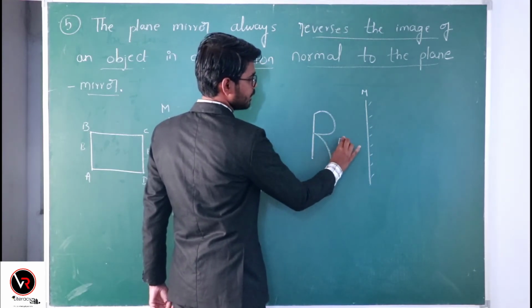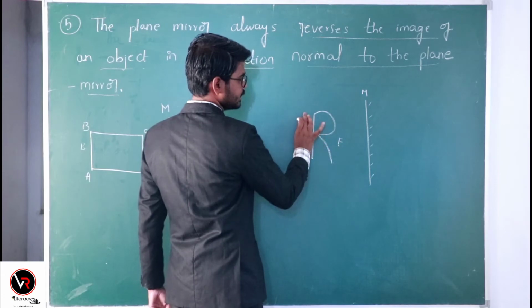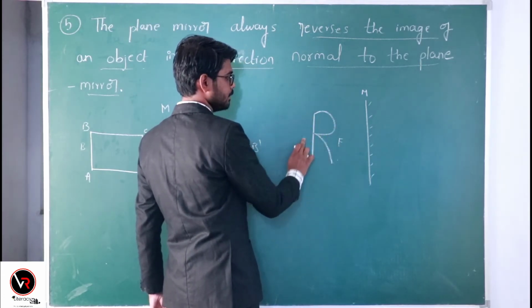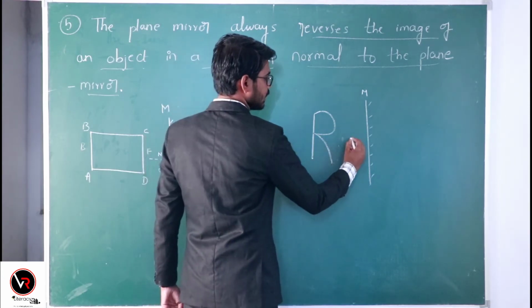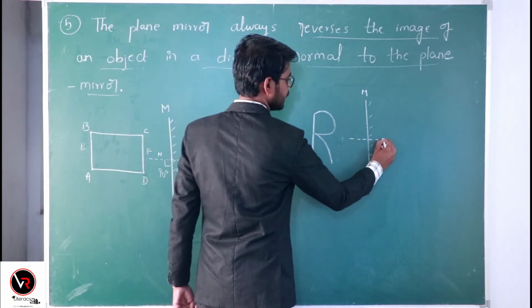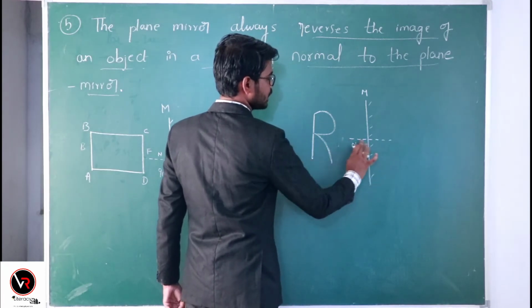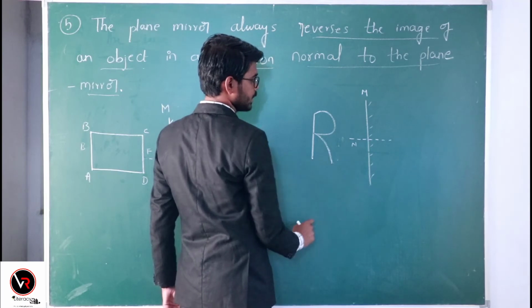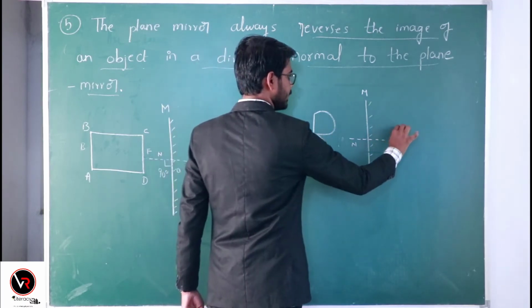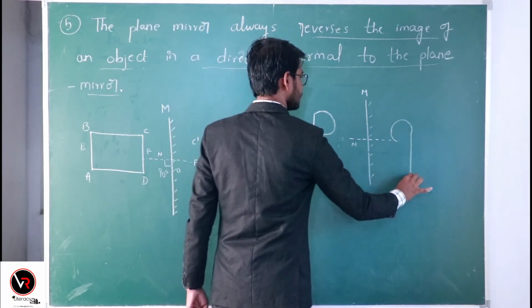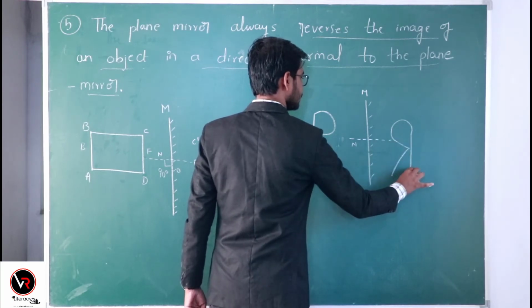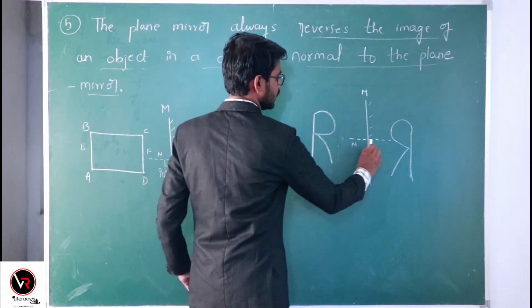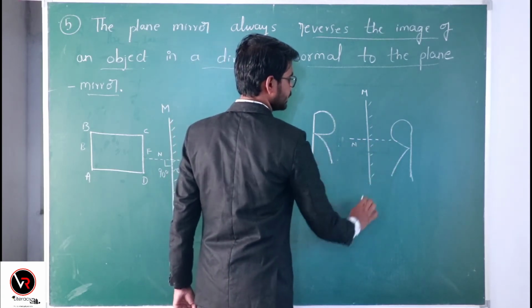This is the front side of the object and this is the back side of the letter R. So consider a normal direction to this plane mirror. This mirror reverses this letter along this normal direction, so it will be reversed like this. So there will be an inversion along the normal direction.